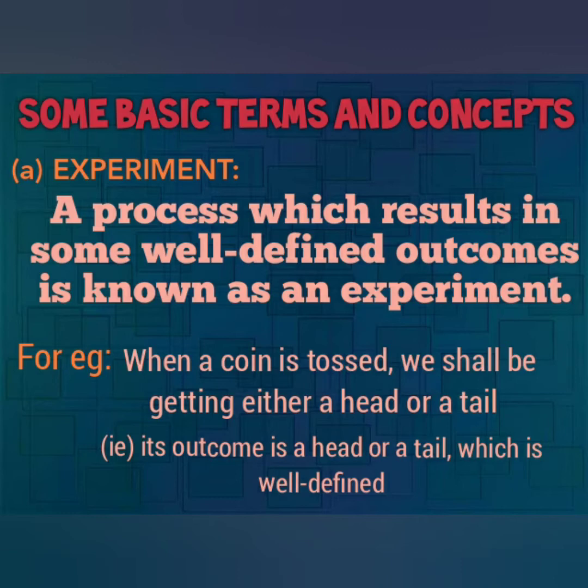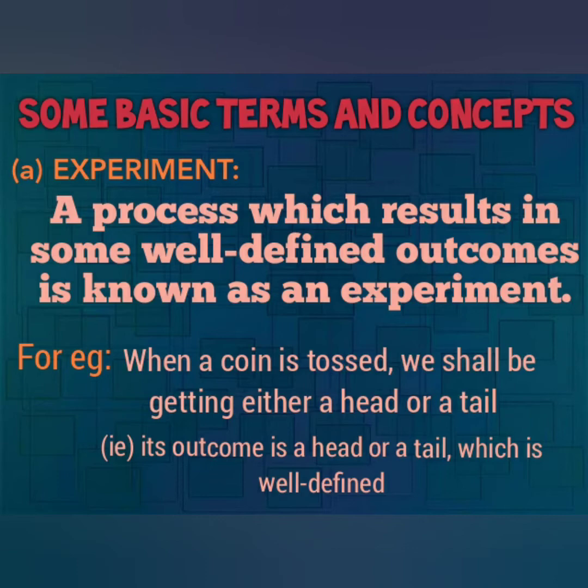That is, its outcome is a head or a tail, that we know already, that is well defined. Like when a die is thrown, the possible outcomes are 1, 2, 3, 4, 5 and 6, which are also well defined. Clear? This is experiment.